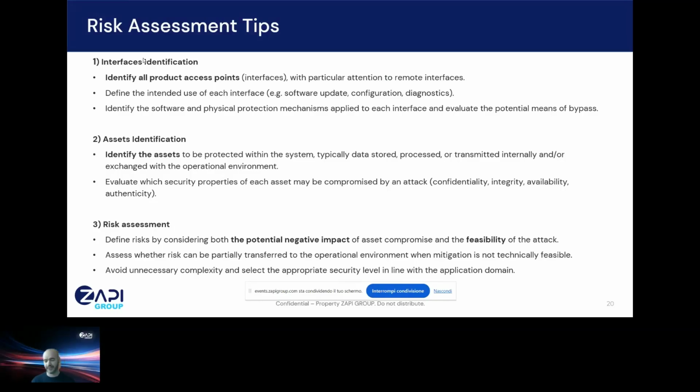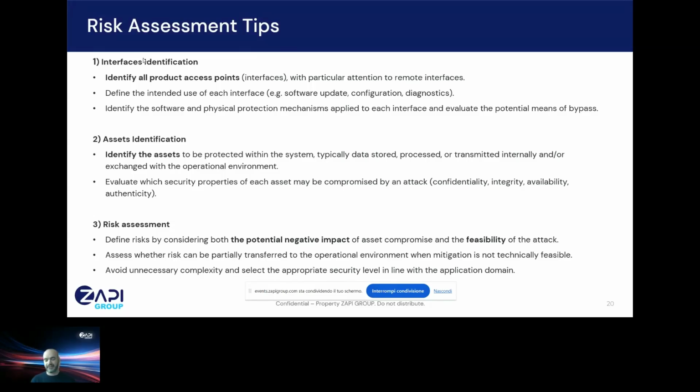In particular, evaluate what the negative impact is in case an asset is compromised, but also the feasibility of the attack, because an asset can have a very dangerous impact in case it is violated, but the feasibility of the attack can be low. So in this case, the risk has to be evaluated considering both elements.